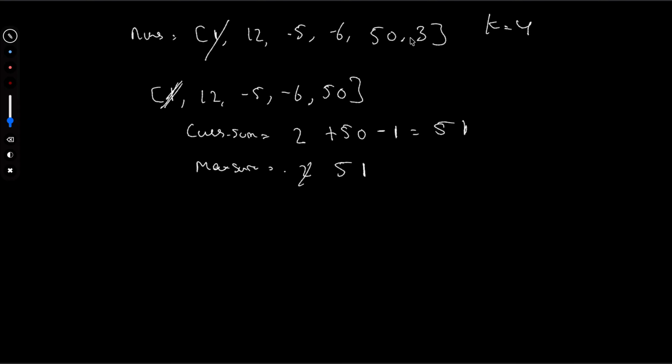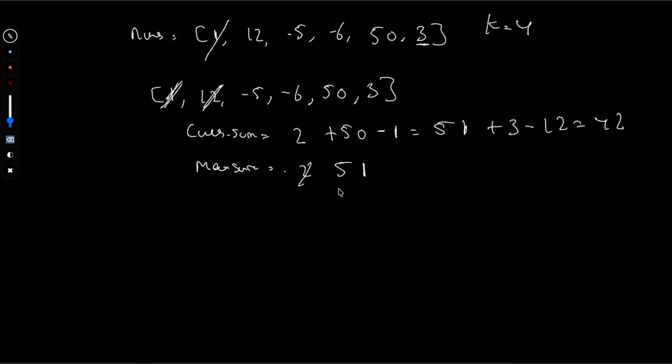Now we add 3 and remove 12. How does it look? 51 plus 3 minus 12 is 42.